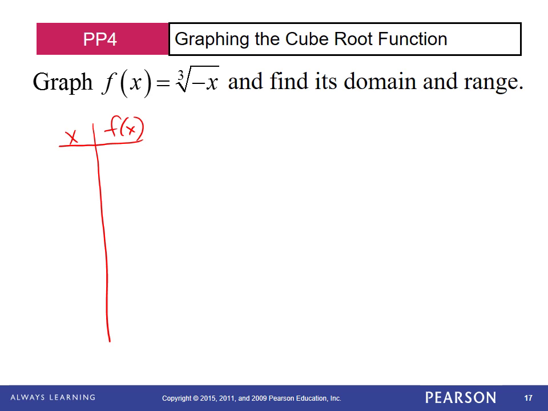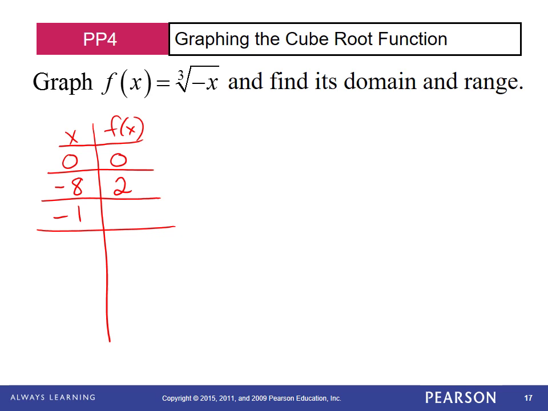So I'm thinking, well, for sure, I know if I plug in a 0 into here, the cube root of 0 is still going to be 0. And then I'm thinking to myself, probably a negative 8. Would that work as far as negative numbers go? Plug in a negative 8 into that. Negative of negative 8 is a positive 8. Cube root of 8 is a 2. And then negative 1 is going to work well.